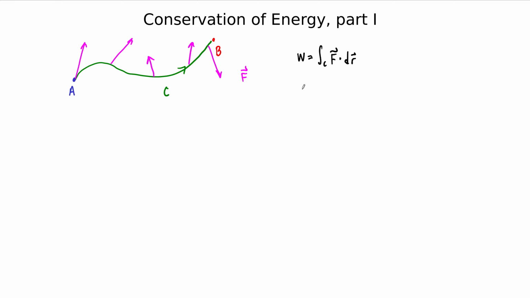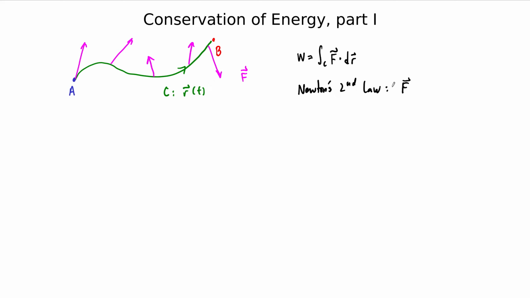The first thing is Newton's second law. I'm about to say something that's going to require some kind of parameterization of the position of the particle along the path. So we'll say that this path is given by some vector function r of t.